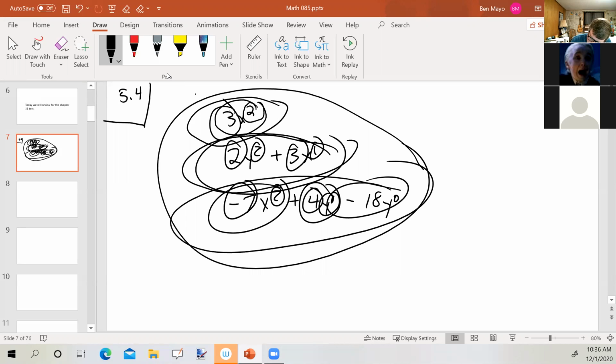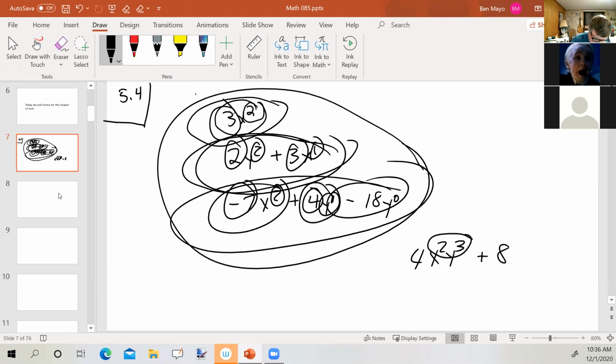All right, let's say we had 4x squared y cubed plus 8. This is a binomial. The degree of the first term is 5. The degree of the second term is 0. So this would be a 5th degree binomial. Any questions about that?